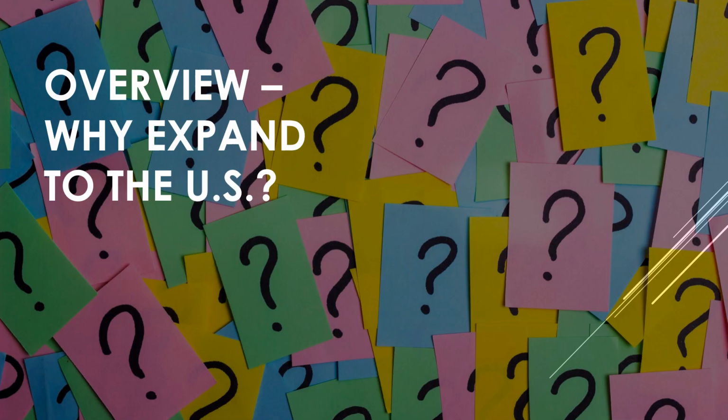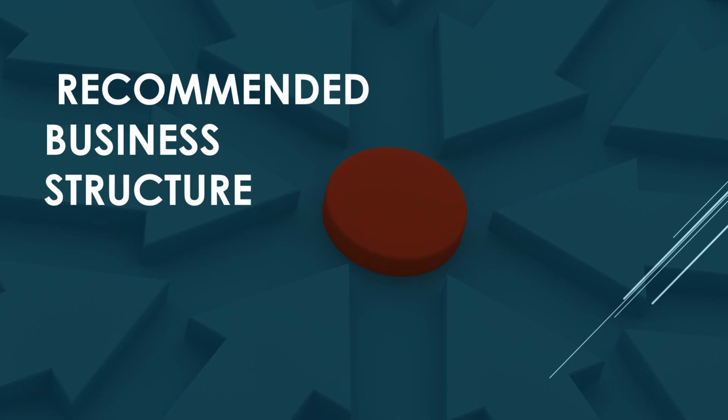So let's get started with a brief overview of why you would want to expand to the US. Many Canadian entrepreneurs are wondering what the recommended business structure is to sell via Shopify in the US. Most cross-border e-commerce professionals recommend establishing a US-based business as a C corporation, often in states like Delaware, Wyoming, or Florida.